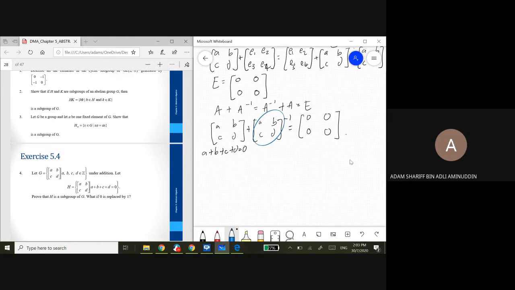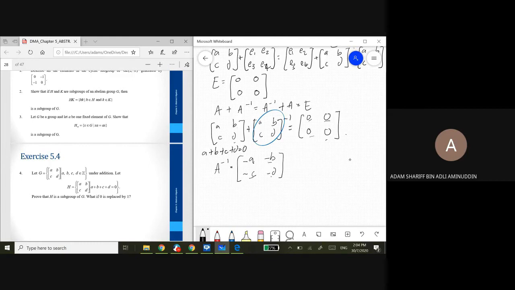And it is found out that the inverse matrix is just negative A, negative B, negative C, negative D. Because A plus negative A, you get 0. B plus negative B, you get 0. C plus negative C, you get 0. D plus negative D, you get 0.